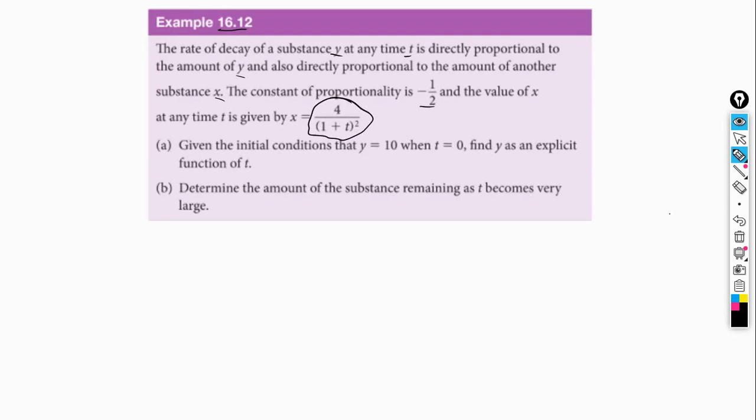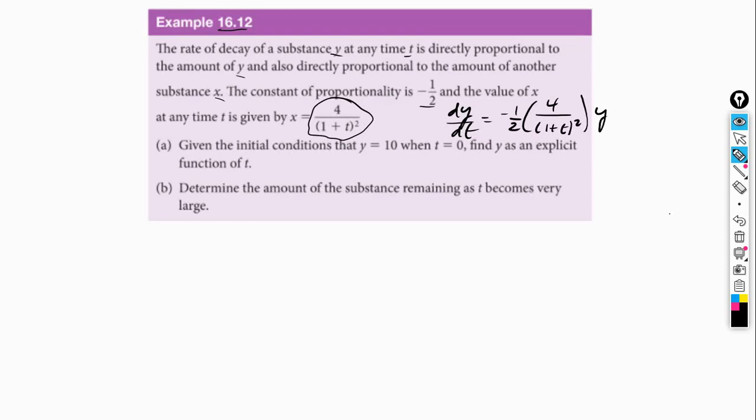So that means that the rate of change of Y with respect to time is equal to minus 1/2 times 4 over 1 plus t squared times Y.